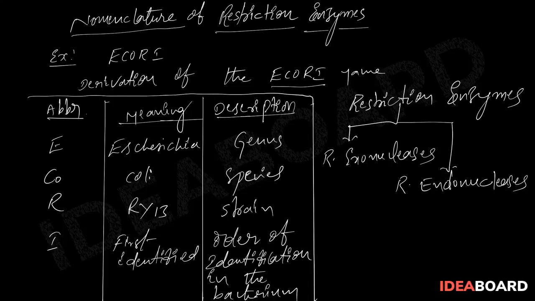Restriction exonucleases remove nucleotides from the ends of the DNA by cleavage of hydrogen bonds and phosphodiester bonds. Endonucleases make cut at specific positions with the DNA.